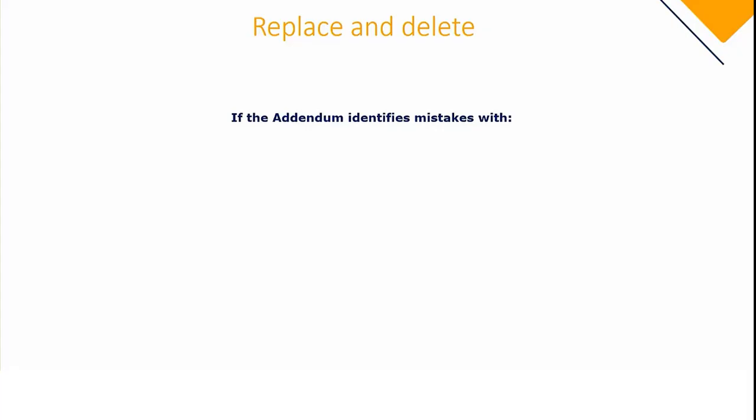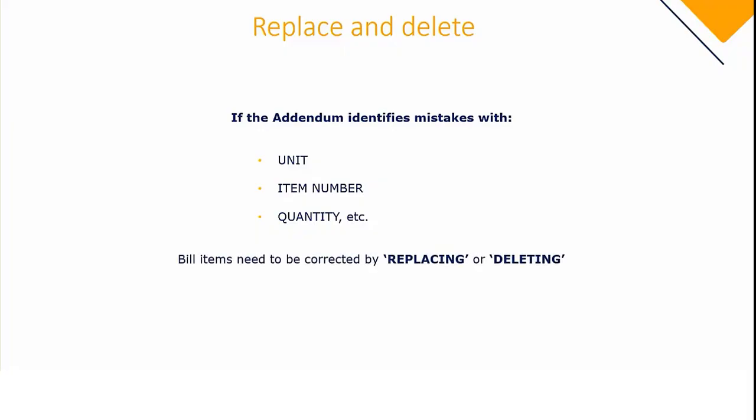If the addendum identifies a mistake or a change on the job, whether it is a spelling mistake or a change in item measuring unit, item number or quantity, or any of the inconsistencies really, such changes must be corrected by either replacing or deleting that particular item. Then the bill can be adjusted accordingly.